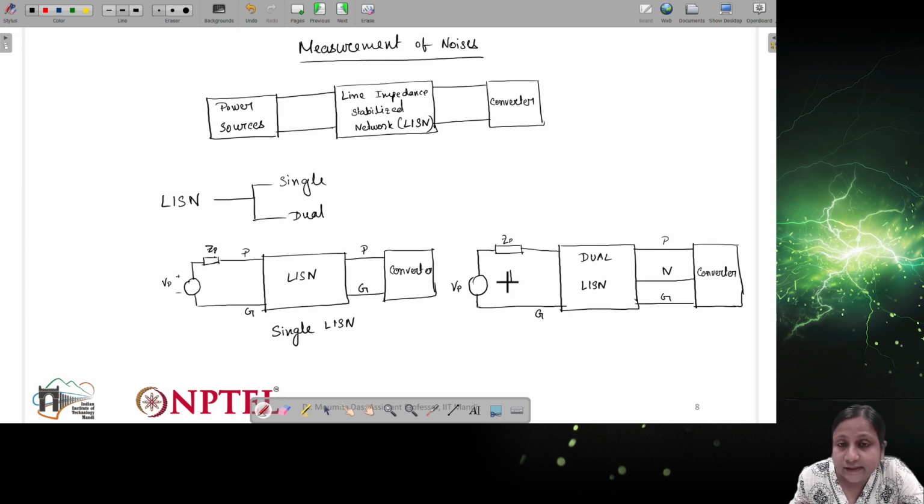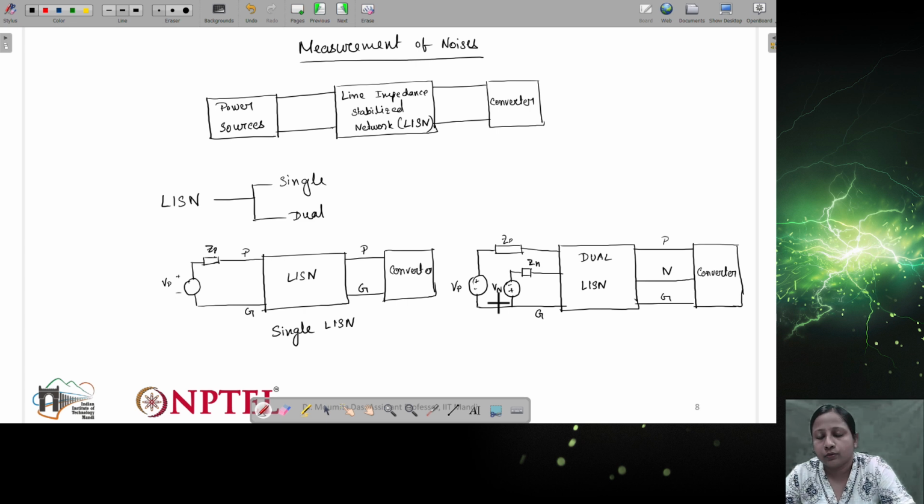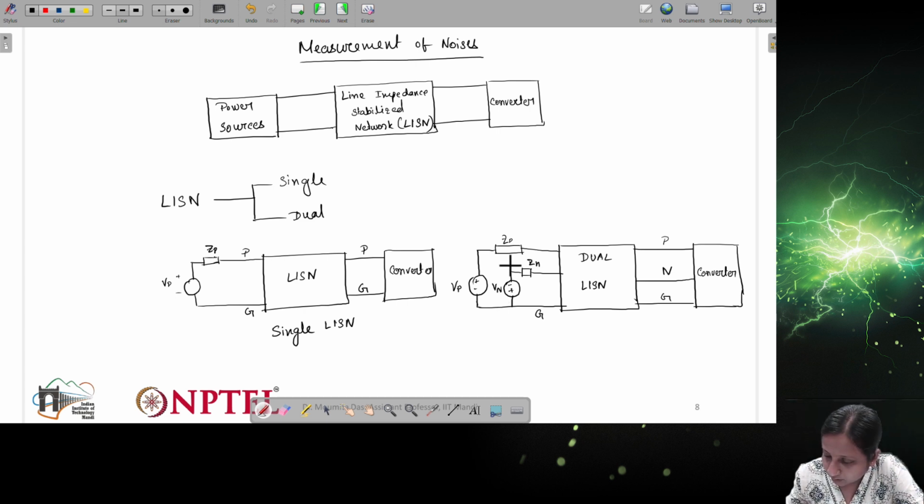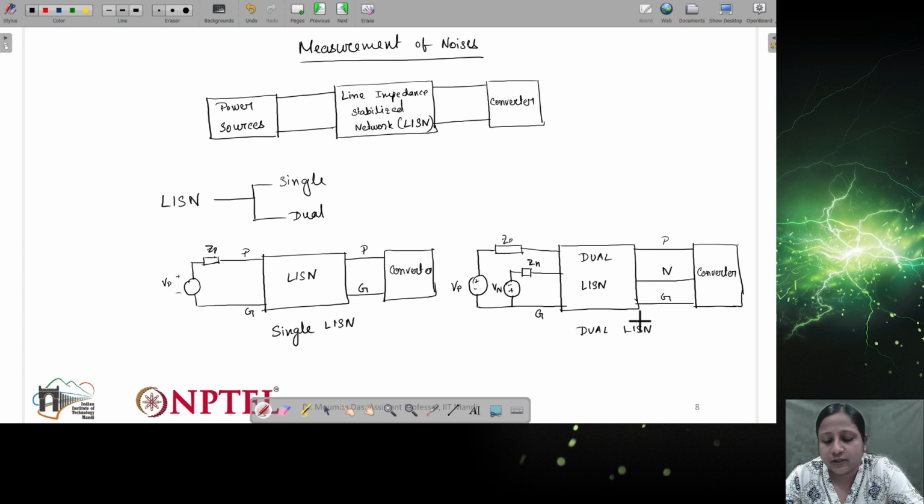Similarly, there will be a negative point, minus plus Vn, which will again be connected through Zn to ground, right? So this is how the dual LISN block diagram looks.